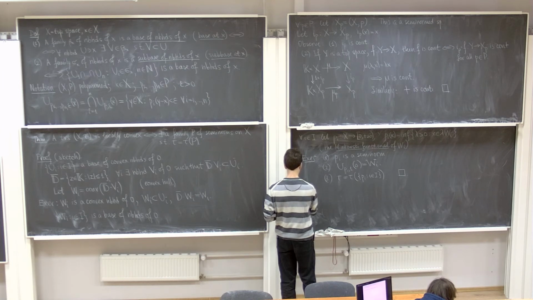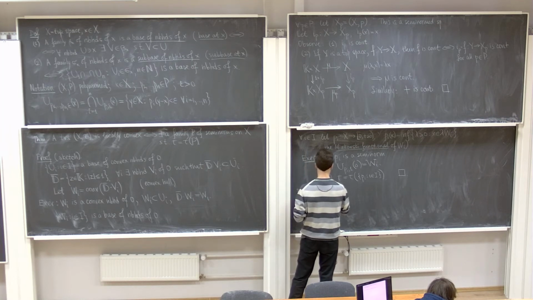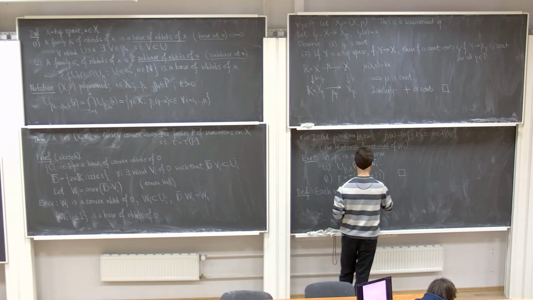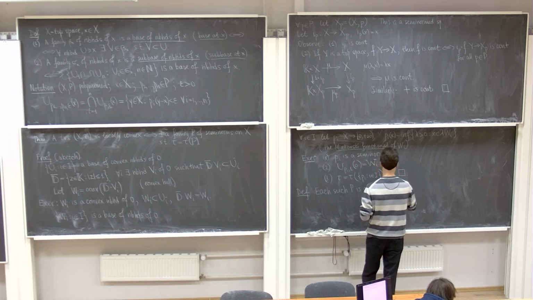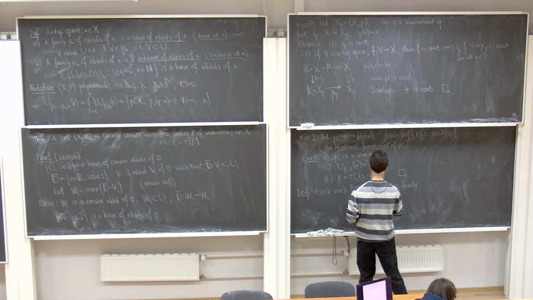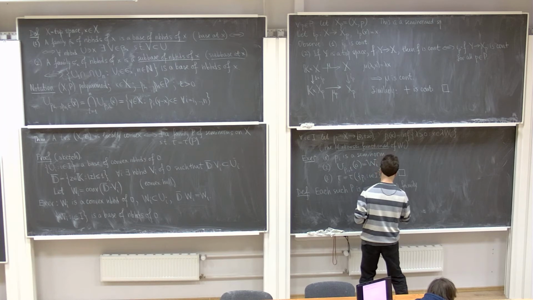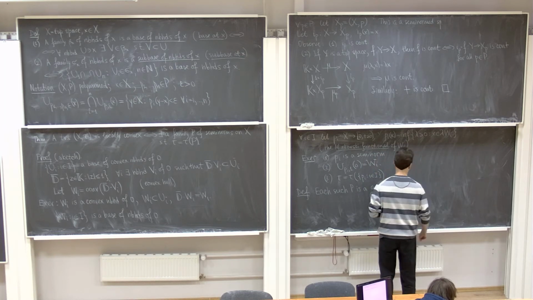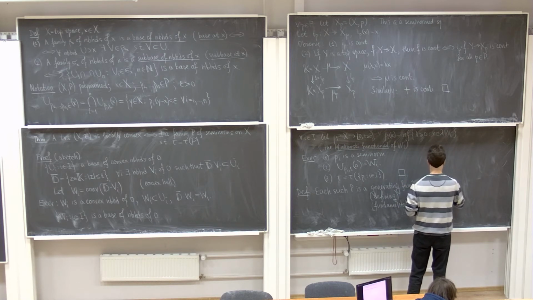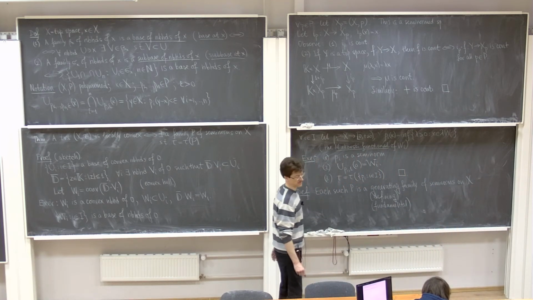And let's introduce the following terminology. So each such family P is called a generating family, or a defining family, or a fundamental family of seminorms on X. Of course, I don't claim that it is unique.